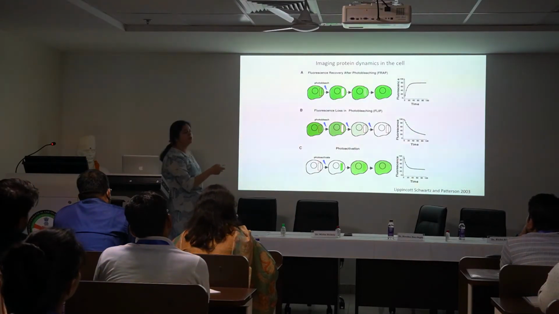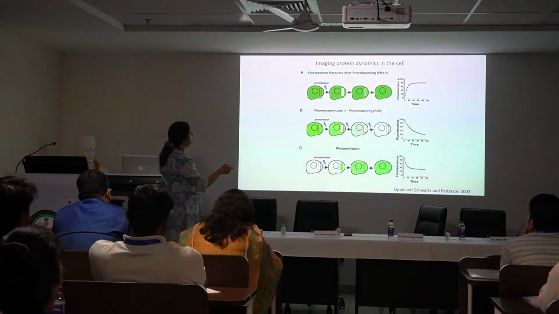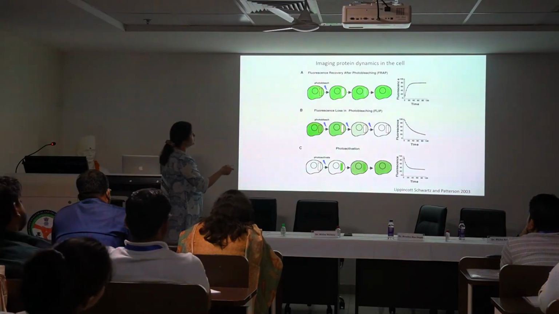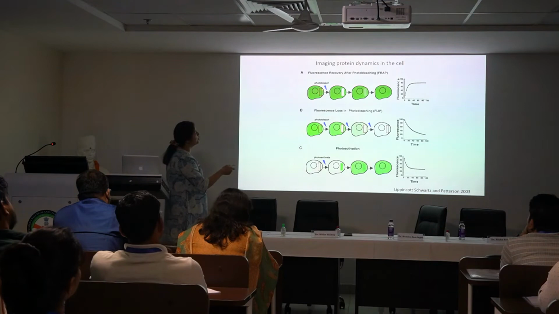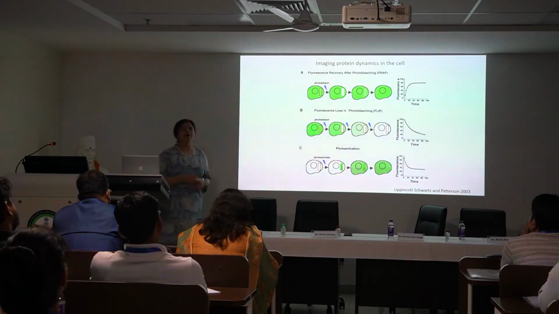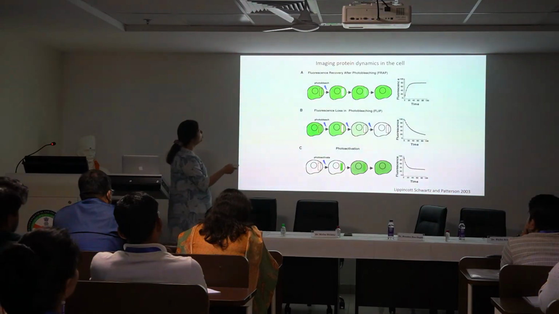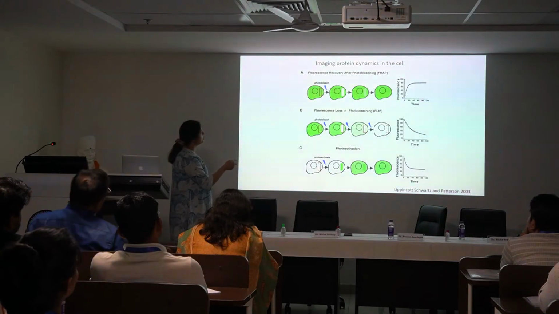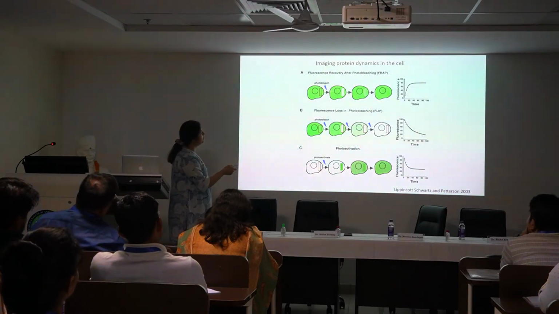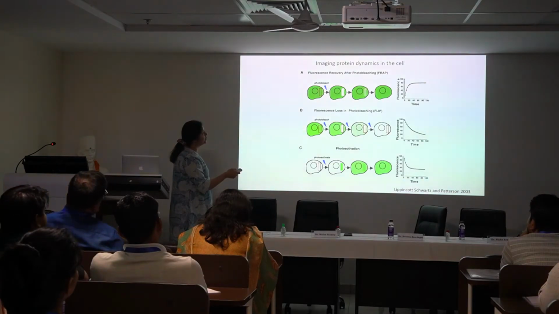So this is a documentation of a mammalian cell where the cytoplasmic protein is labeled with GFP and is present inside the cytoplasm, and you can see a uniform label of the GFP present there. Now, if you want to know how fast the molecule is exchanging in the cytoplasm, then what you could do is a method called fluorescence recovery after photobleaching, where we are photobleaching a particular region of interest and then allowing for recovery of the fluorescence in that region.